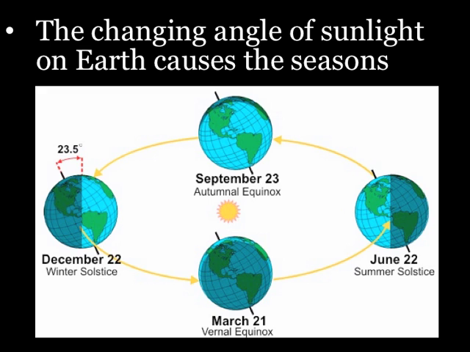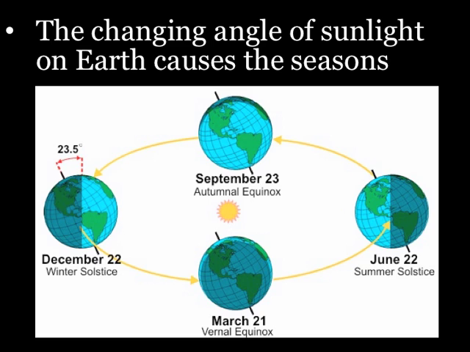For example, during the summer solstice on the right, June 22nd, the sun's going to hit on that side, and you can see the tilt is more towards the sun, the northern part where we live, North America. In the winter, you can see that it's tilted away because we're on the other side, and so we don't get as much light.